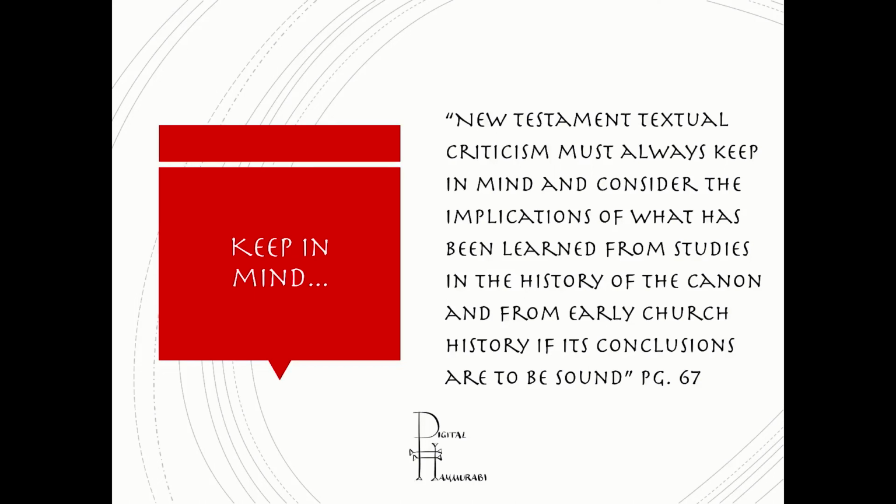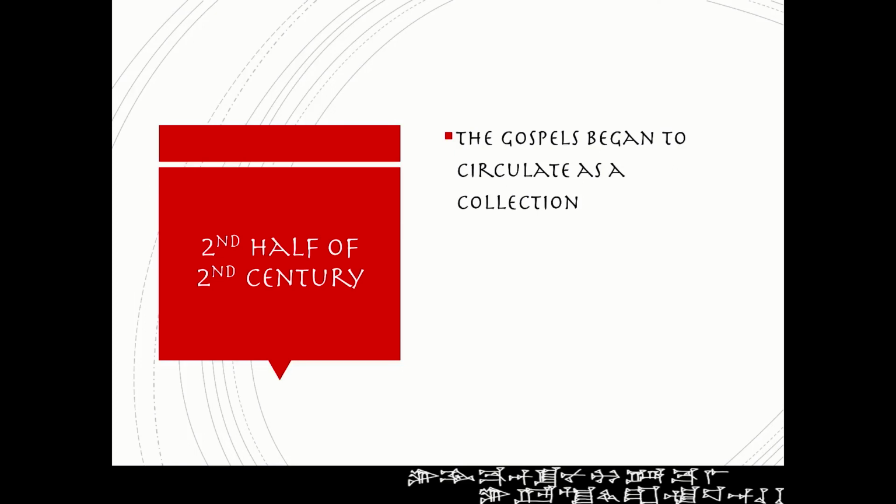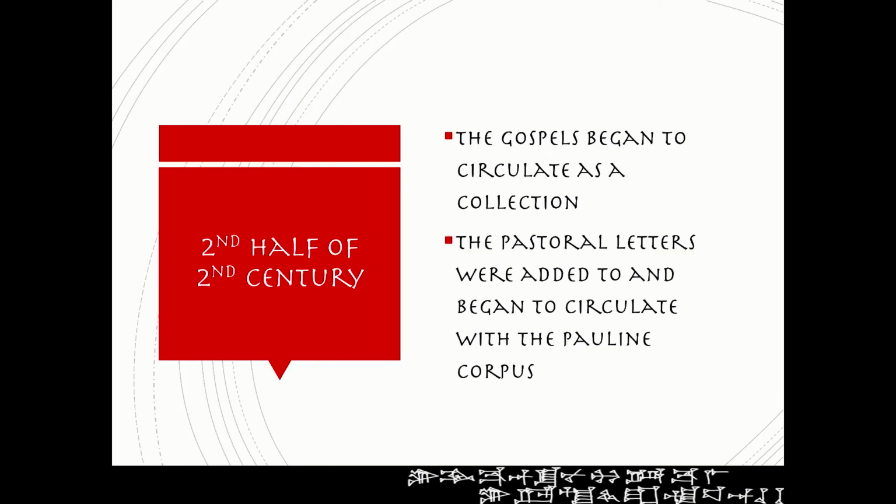So there are several things that he points out that we need to keep in mind, sort of benchmarks. One is that by the second half of the 2nd century, the Gospels began to circulate as a collection. We noted that yesterday. And the pastoral letters were added to and began to circulate with the Pauline corpus.